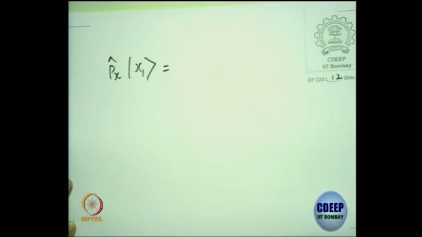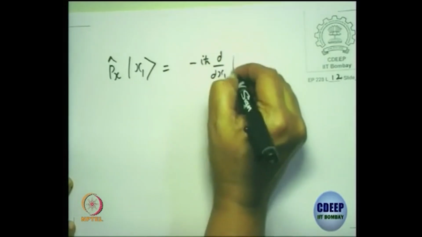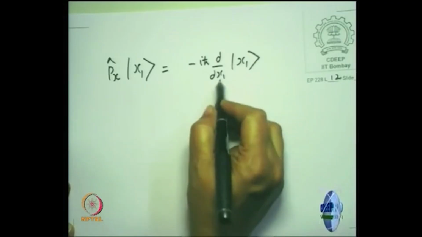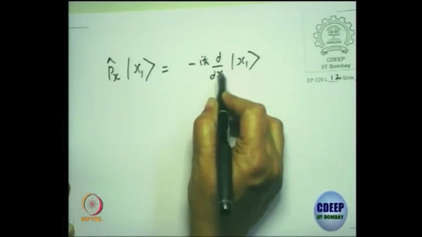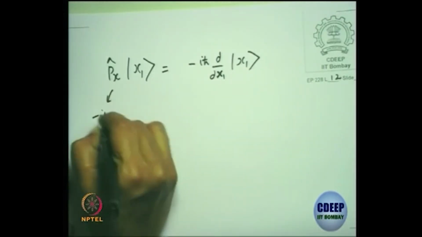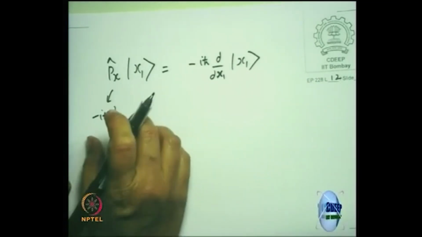What will that be? Now this is an eigenvalue equation. The eigenvalue is a differential operator on the space. It picks the x1 differential operator at x equal to x1. Whereas this side I could write as minus i h cross del by del x as an operator.